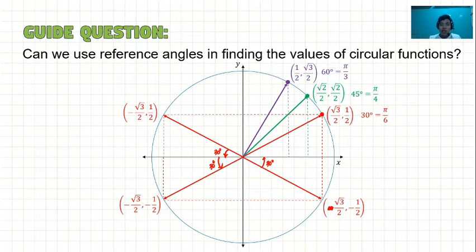Kasi the same lang yung value natin like this one, square root of 3 over 2 and 1 half. Then apply the signs sa quadrant kung saan sila na belong. So, doon na mag-change yung values niya. So, from positive, magiging negative siya. If in quadrant 2, si x yung negative, well, si y yung positive.